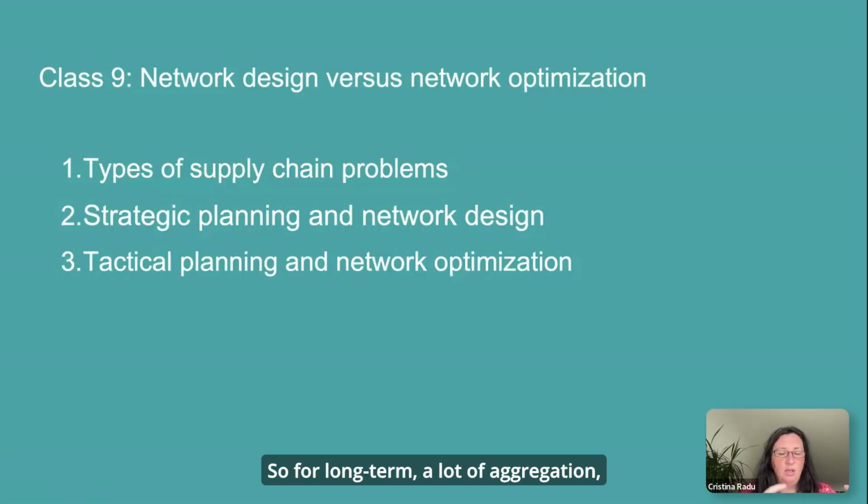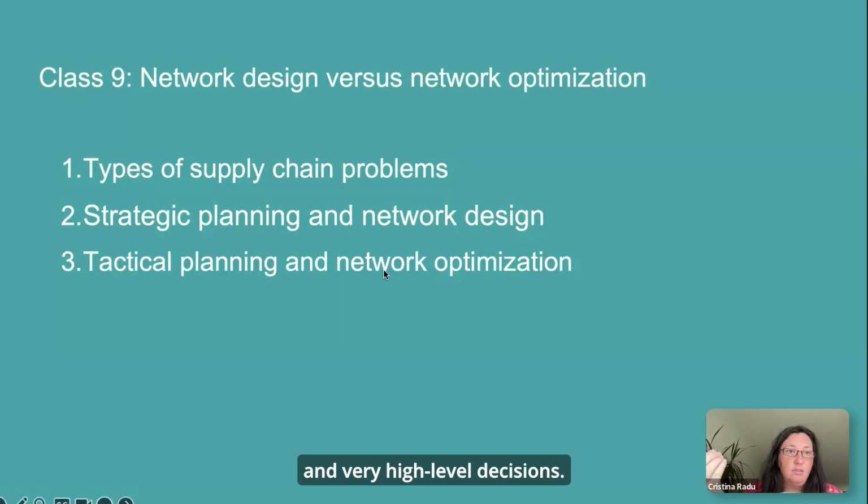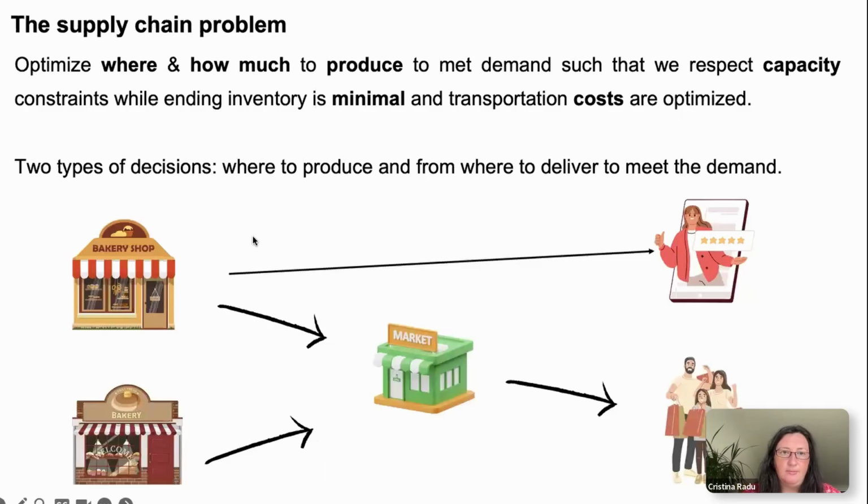So for long term, a lot of aggregation and very high level decisions. Whereas when it comes to network optimization, we are more in the tactical planning horizon, which can be mid-term, like a few months to 18, 24 months. So then, of course, the granularity changes of the data, but also the decisions that you make. So this is what I'm going to explain today.